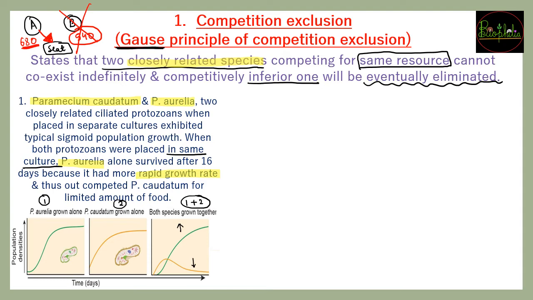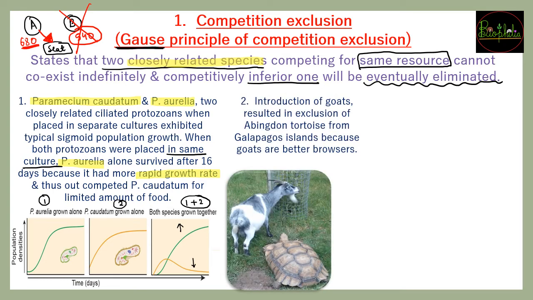So the second example we see is about the introduction of goats. Galapagos Island में goats को introduce किया गया, so since goats were better browsers, the abundant tortoise. So tortoise is a slow animal, उसको धीरे धीरे खाने की आदत है, धीरे धीरे चलता है.